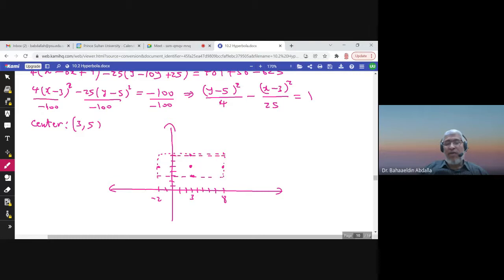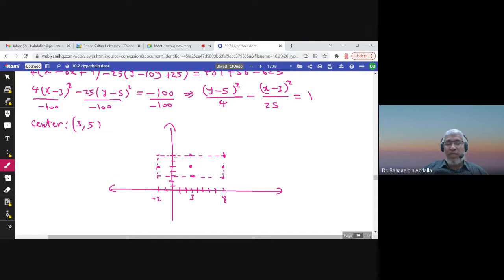I can find any information about the fundamental rectangle. For example, corner points, area, perimeter, whatever he asks about. Okay. Endpoints, what are the endpoints of the fundamental rectangle? For example, this endpoint, what are the coordinates of this endpoint? 8 and 3. Okay. So I can write this 8 and 3. What about this one?